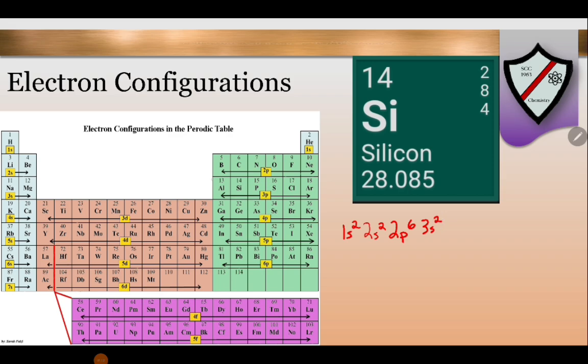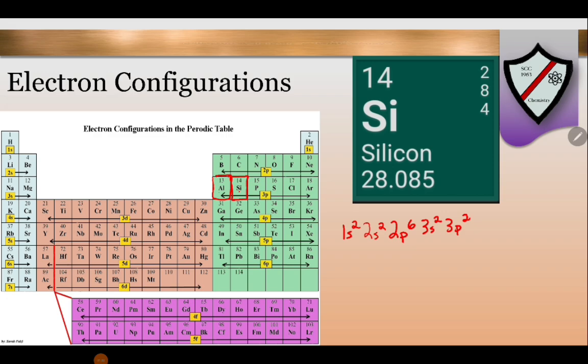And as we move towards silicon now on our periodic table, we can see that we are only filling 3p with 2 electrons. So the 3p orbitals will get 2 electrons, and that should all add up to 14. 2 plus 2 is 4, plus 6 is 10, plus 2 should be 14 total electrons.